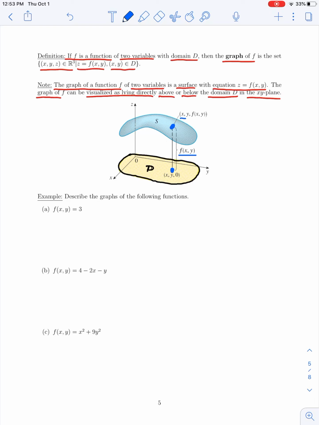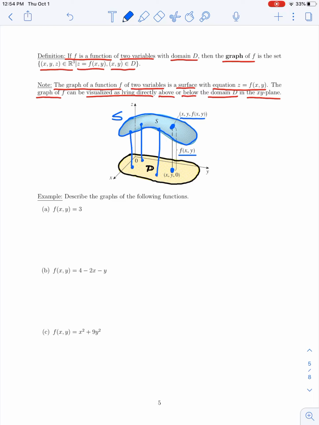So we would find the corresponding point in space, x, y, f of xy, and by choosing several different points in our domain and finding the corresponding values for these points, we trace out a surface, which we'll label as S, in 3 space.